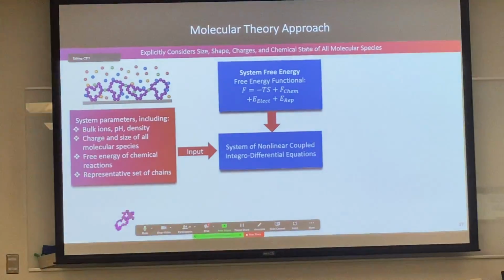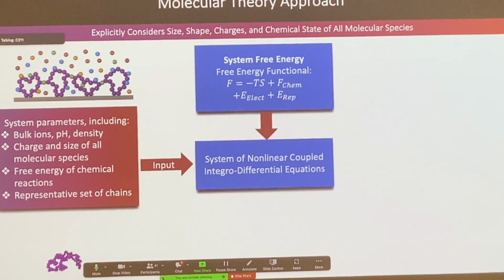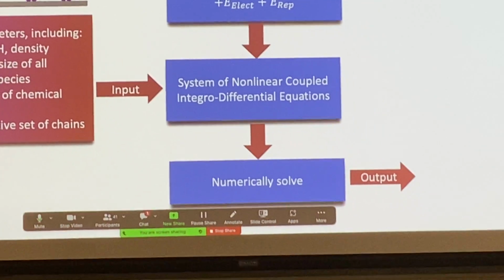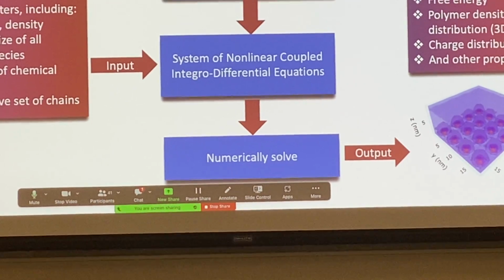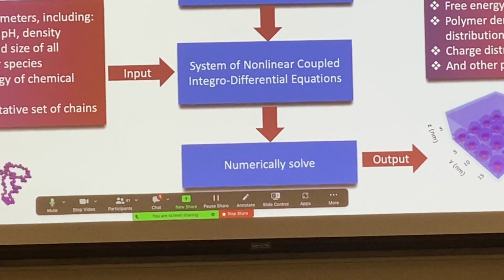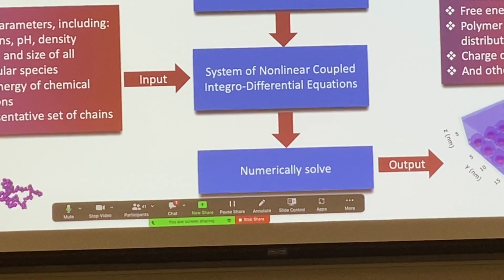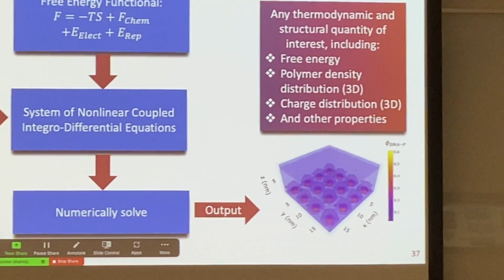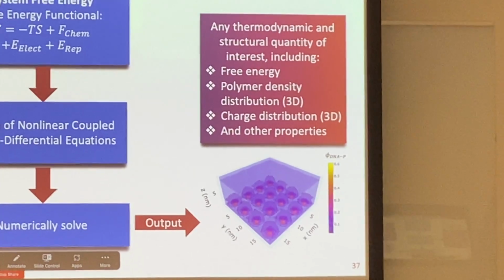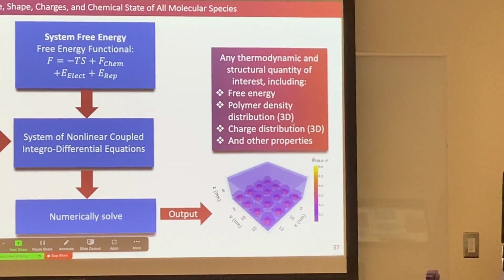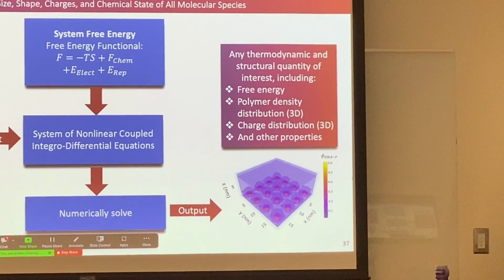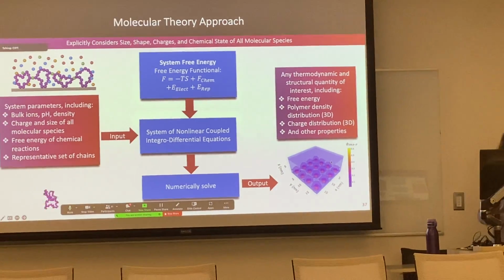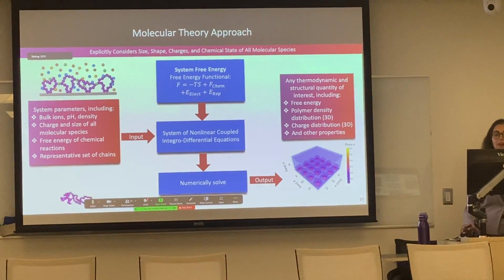We turn this free energy functional into a system of nonlinear coupled integral-differential equations, and then we numerically solve this in order to output any thermodynamic or structural quantity of interest, and this includes the system free energy. Specifically, I would like to point out that we're inputting the bulk ions, pH, and density, but what we're outputting is the actual three-dimensional distribution of these properties. For example, you can see the three-dimensional polymer density distribution on the bottom, as well as other properties.